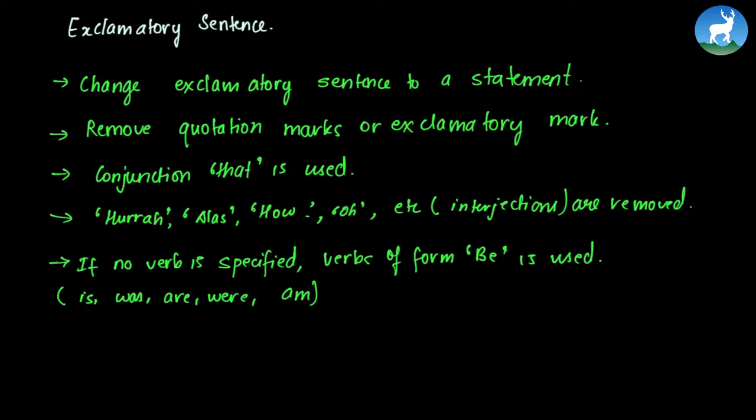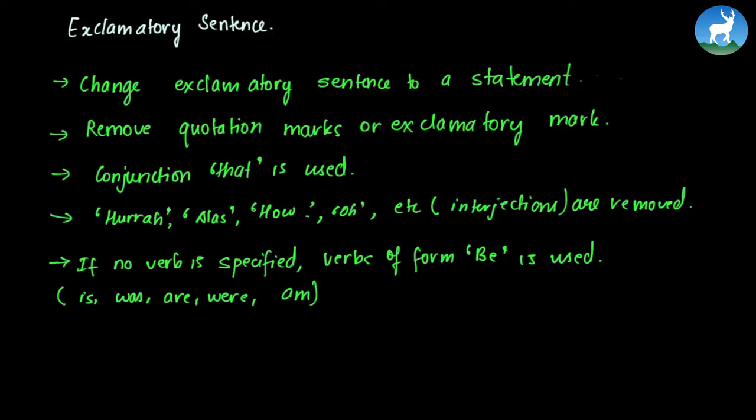Then we add conjunctions like that. The interjections like alas, oh, how are removed because we do not want to make it an exclamatory sentence again. And if there is no verb specified in the sentence, we change it into indirect form by using the verbs of form be.